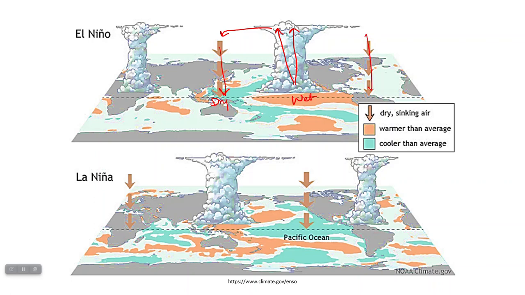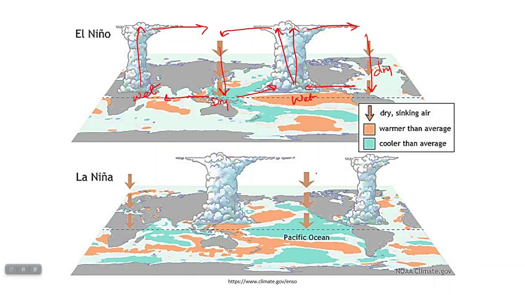Here you see dry air sinking as well. So here is going to be dry conditions. Here you have warm air rising. So this is going to be wet conditions. And I'll just complete up the circulation systems. There we go. So those are the convection currents.